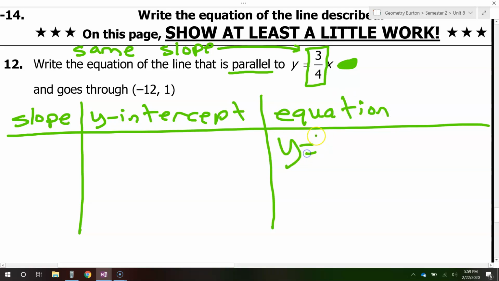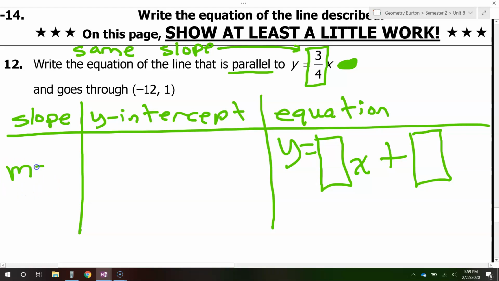And the equation goes y equals something x plus something. Great, but the slope will be 3/4 because parallel lines have the same slope. So the slope is 3/4. When we do the y-intercept, in our minds we are thinking y equals mx plus b.